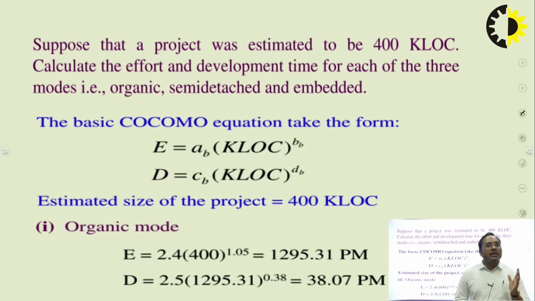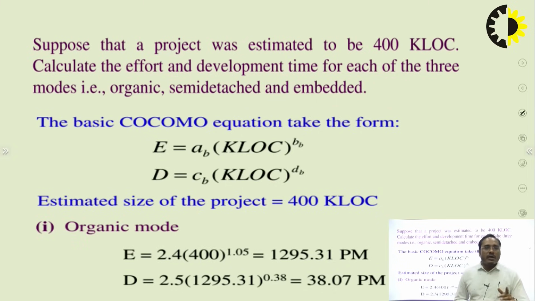By putting in the values of A subscript B, B subscript B and KLOC, you can calculate the value of E. Similarly, you can calculate D if C subscript B and D subscript B and the number of lines of code are given. So by using these two formulas, you can calculate the values of E and D.